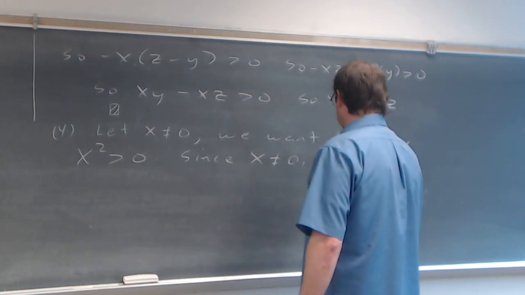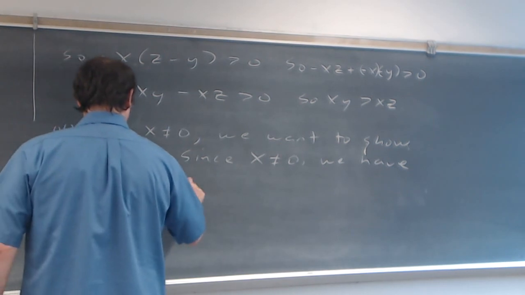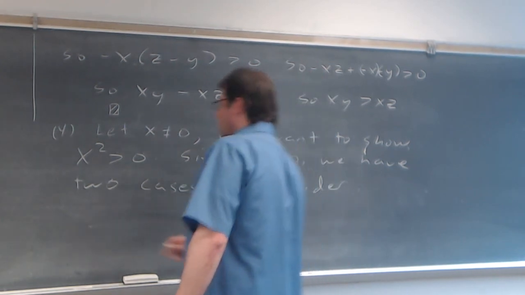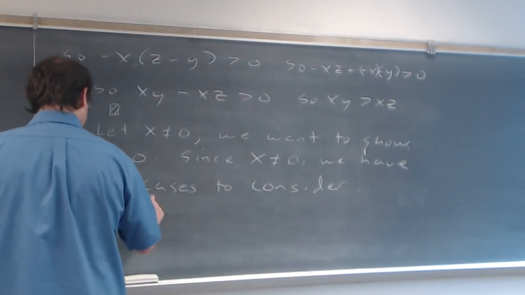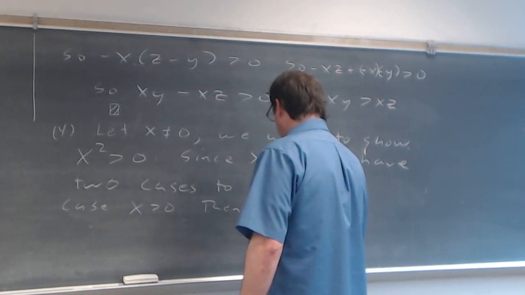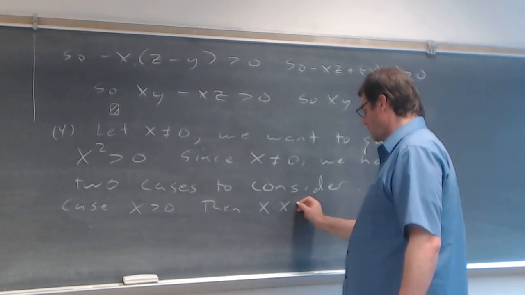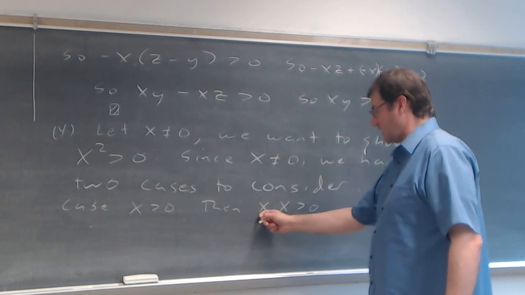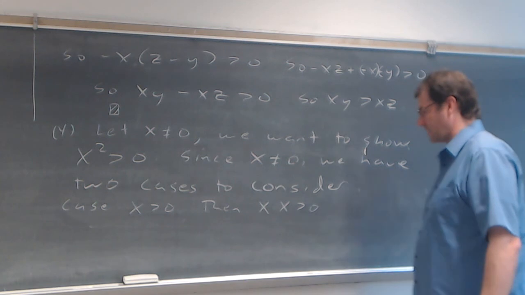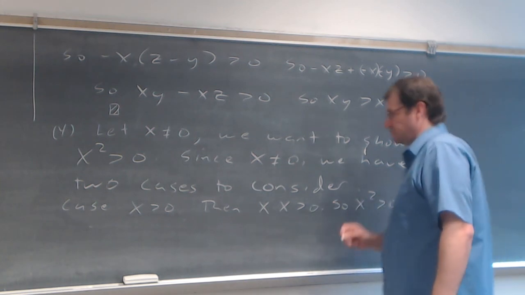So we have two cases to consider. Case 1, that's if x is greater than 0, then x times x will be greater than 0, because you're taking a positive quantity and another positive quantity and multiplying together, so you get that greater than 0. So that says that x squared is greater than 0.